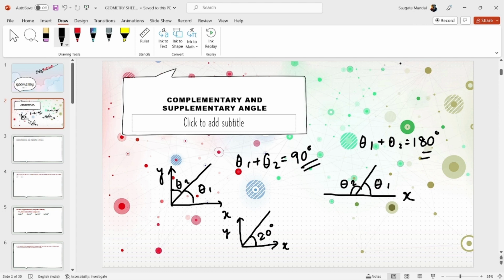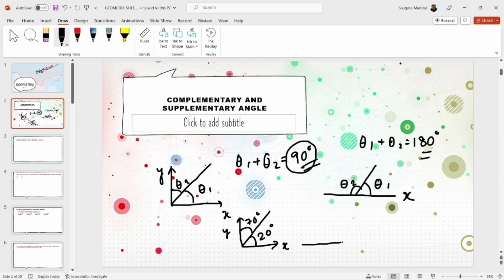What is the complementary angle of the value of 20 degree? It must be 70 degree. Why? Because the sum of theta 1 and theta 2, that means 20 degree plus 70 degree, is always equal to 90 degree. Then they are complementary to each other.